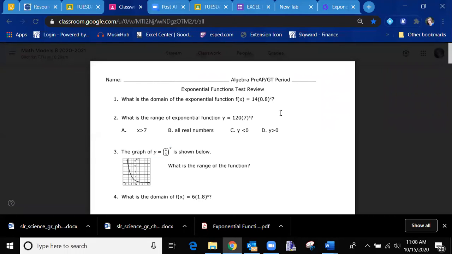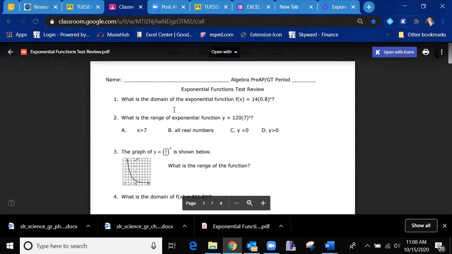And then can you tell me if this is growth or decay? Decay. Yeah, and why do we know it's decay? It's less than 1. Yeah, the b. So which one is a? 14. Which one is b? The 0.8. Yeah, so 0.8 is less than 1, so this one is decay. Now we've got to look at the domain.